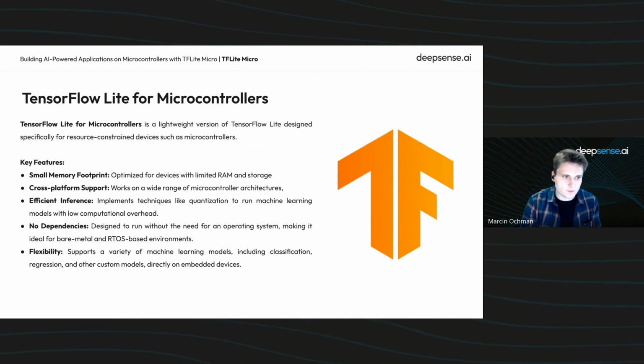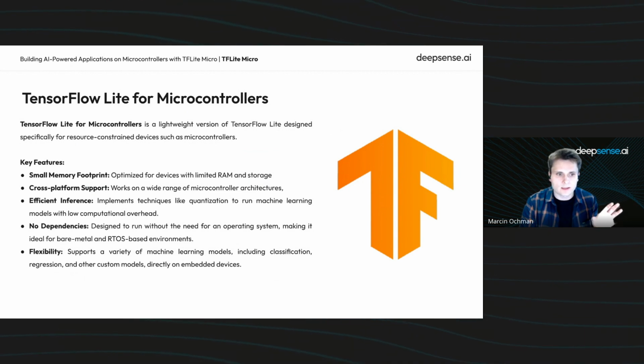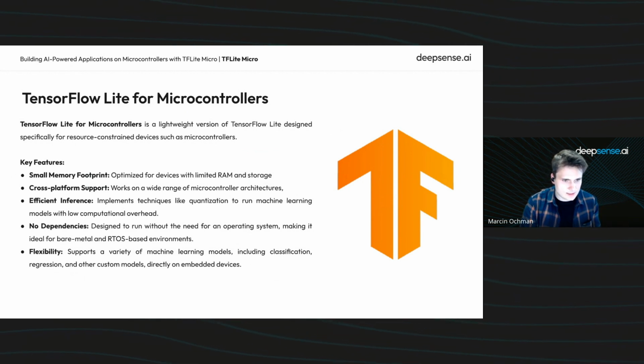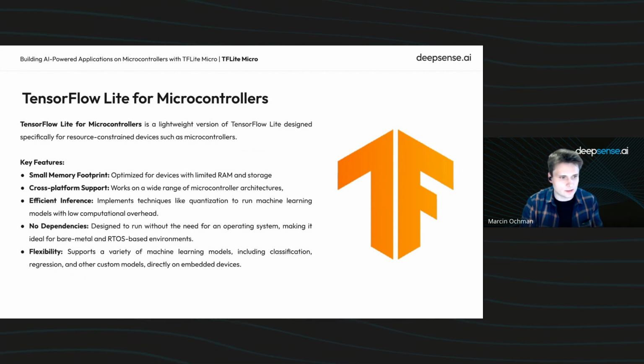TensorFlow Lite Micro is specifically tailored for devices with extremely constrained resources, offering no dynamic memory allocation and requiring developers to define a static memory arena upfront. Unlike TensorFlow Lite, it doesn't support operations that require large intermediate buffers or complex model architectures such as large language models.